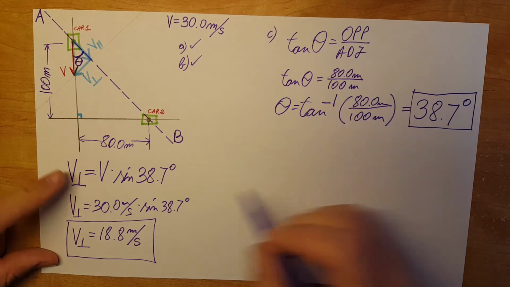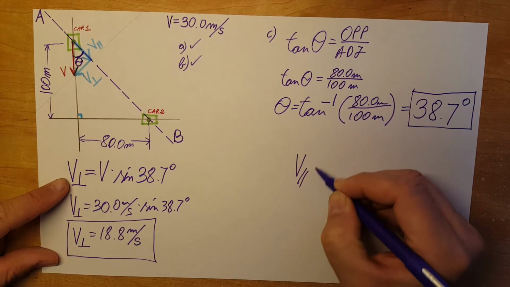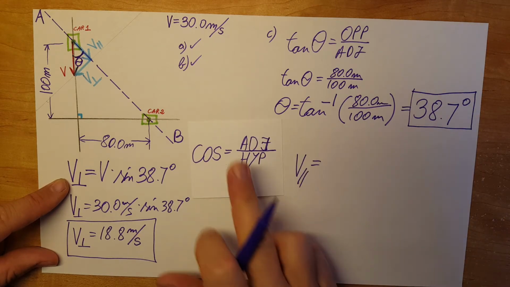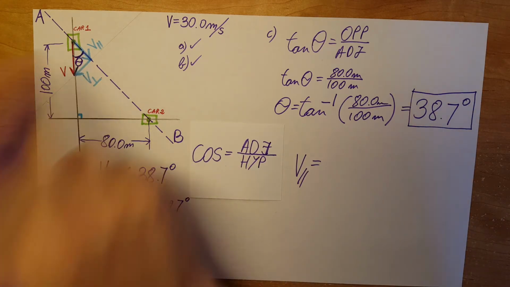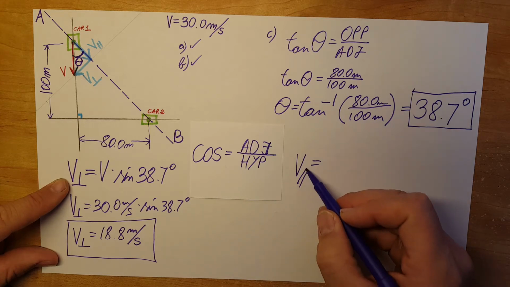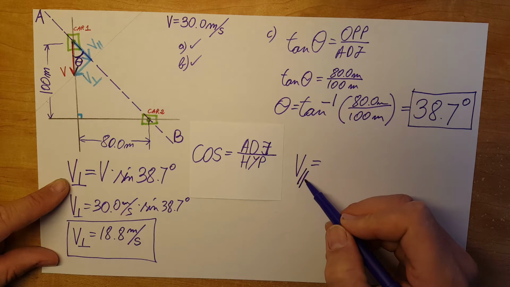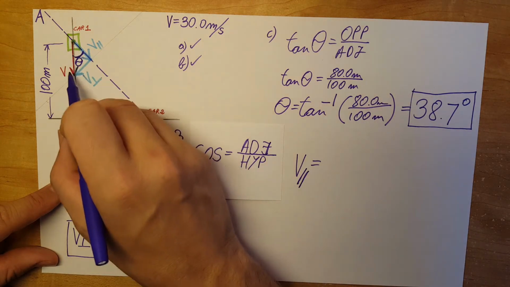Now v parallel. For this one we're gonna use cosine, and I'm gonna plug in right away with v parallel and our v.